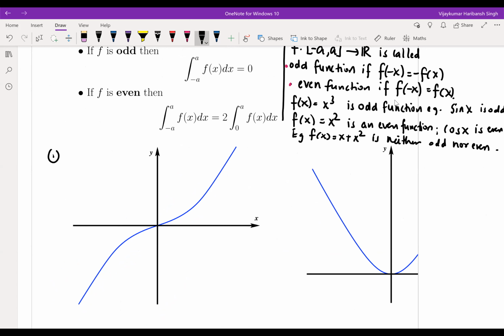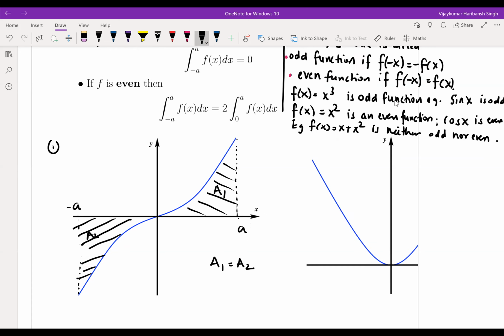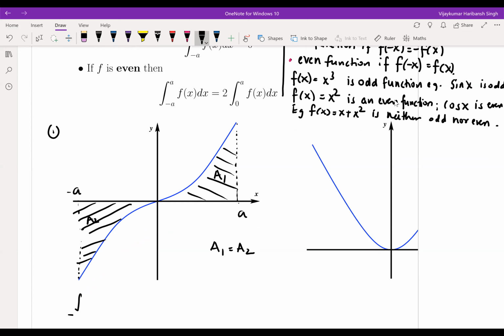In this case, the advantage is when you want to compute the integral. Suppose you're integrating from minus a to a; these are the two areas. They are exactly the same, so a1 equals a2.